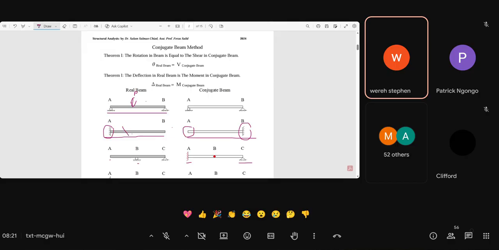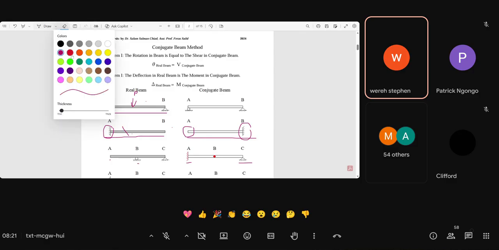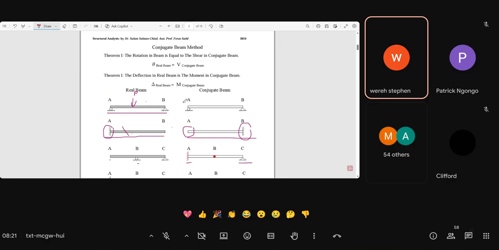Obviously, this load is going to create what we call a bending effect on the real beam. In that case, we are going to draw a bending moment diagram for this beam. So if it is loaded with the load P at the center, we are going to have a bending moment diagram for AB.